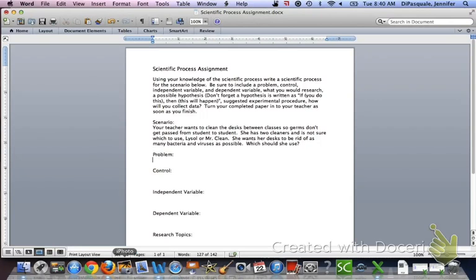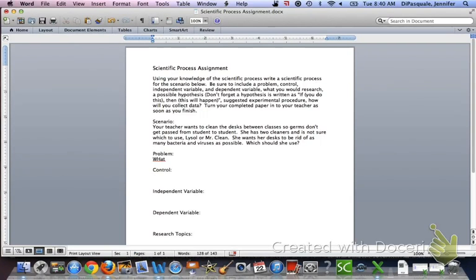Okay, so we're looking at the problem. And the problem is going to state a question. So what cleaner, we can put in parentheses, Lysol or Mr. Clean, will kill the most bacteria?